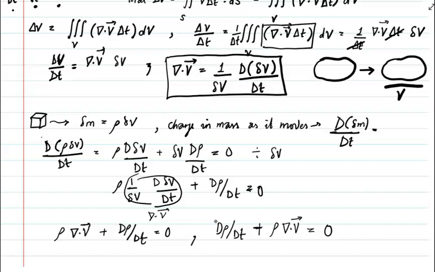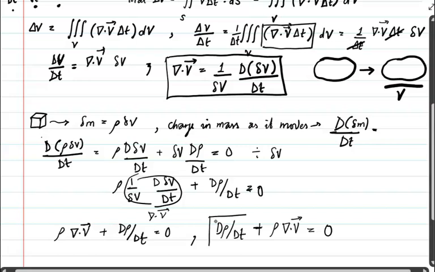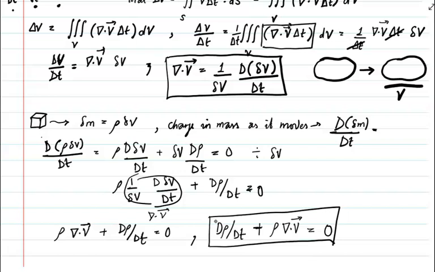So this is also the continuity equation written in the form of a moving fluid element, and we could show it to be equal to the first form which I showed in the first video, which is very clear.